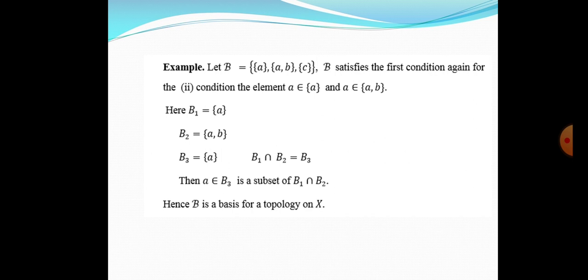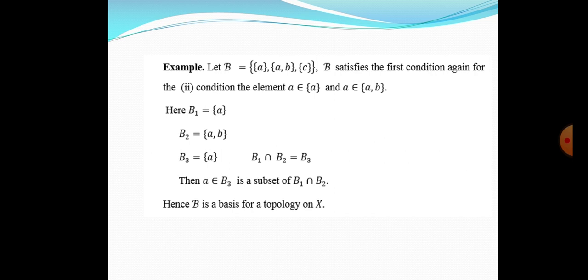The first element is singleton set {A}, the second element is the set {A, B}, and the third basis element is singleton set {C}. So B1 is the first basis element, the singleton set {A}, B2 is the second basis element, the set {A, B}, and B3 is the basis element singleton set {A}.